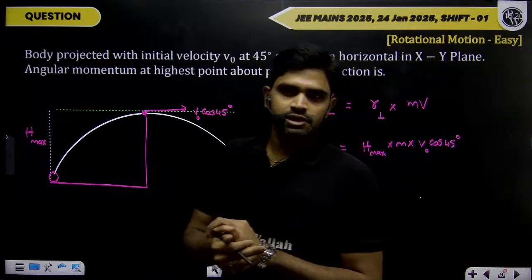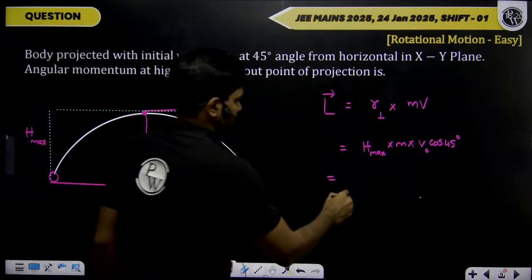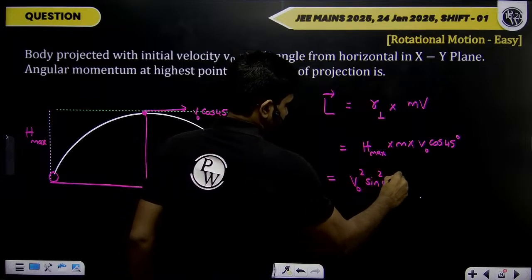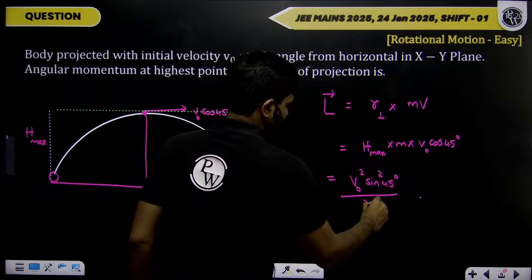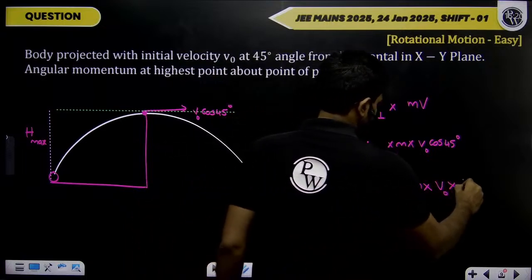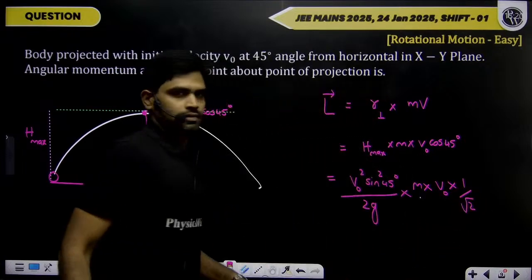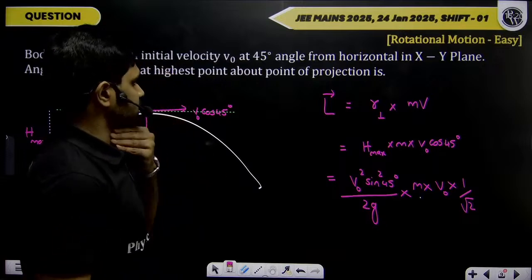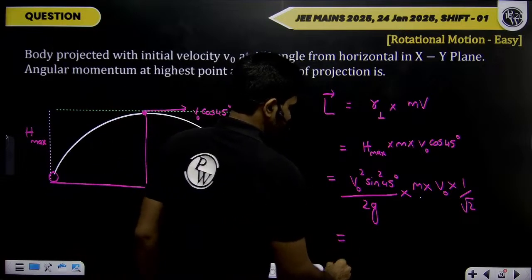What is h max? H max, direct formula we can use. It is v naught square sine square 45 by 2g into m into v naught cos 45, which is 1 by root 2. So we can substitute this.